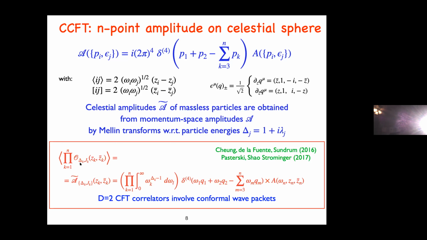These conformal primary operators are the operators that live on the celestial CFT. So this is the basic idea: starting from standard amplitudes in momentum basis, go to the Mellin transform, and then holographically this corresponds to CFT correlators.